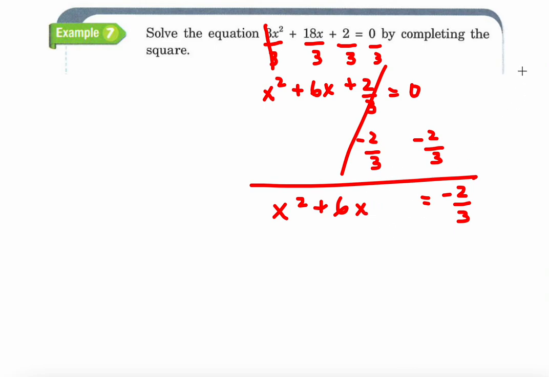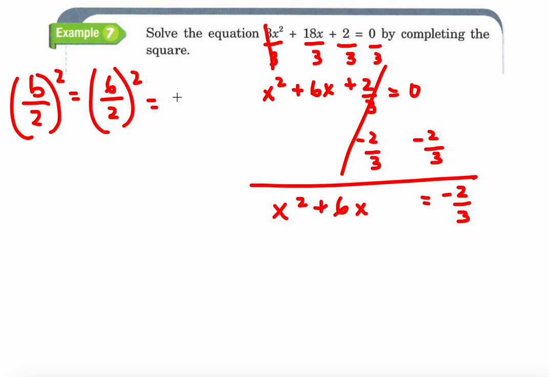If I have x squared plus 6x, in order to complete that square, I need to find b over 2 squared. My b value is 6, so 6 over 2 squared. 6 divided by 2 is 3, so it's 3 squared. So I need to add my missing c value to complete the square, which is 3 squared.